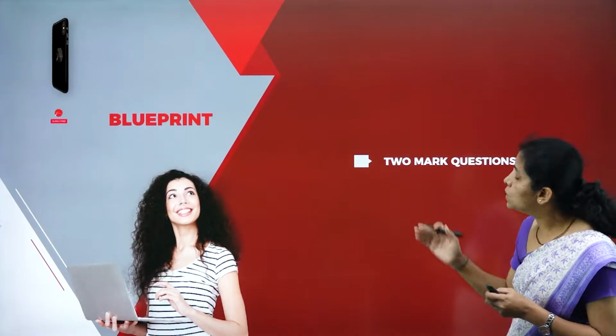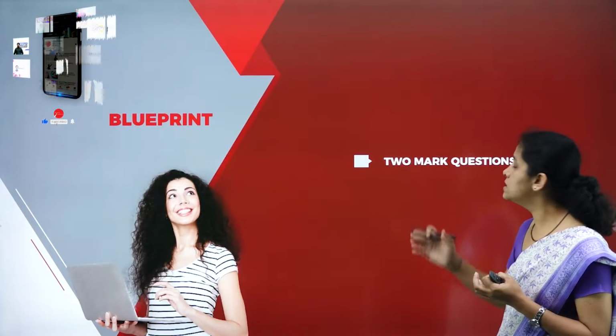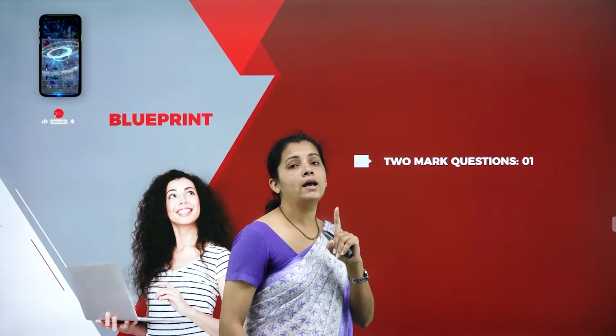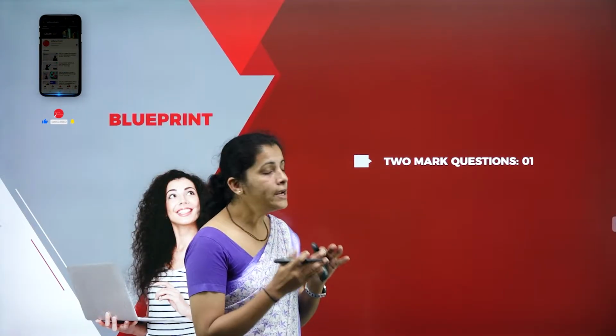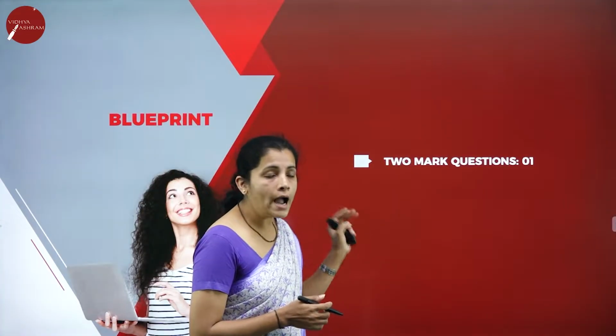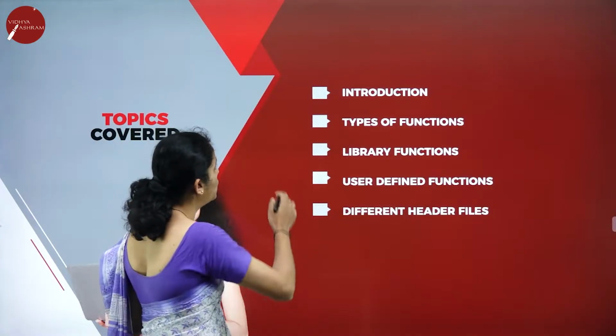And the total marks we can expect under this chapter is 2. That means we can attend only one 2-marks question, and the weightage of this chapter is only 2 marks. In this chapter, I'm going to deal with the following topics.